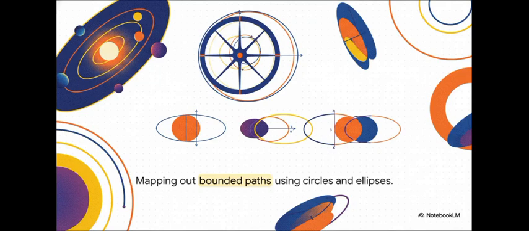Building on that visual momentum, we see circles and ellipses. These are the specific visual shapes physics uses to describe bounded, recurring paths. This could represent everything from the microscopic edge of a spinning wheel here on Earth to the massive, literal elliptical orbits of planets cruising around the sun out in the cosmos.